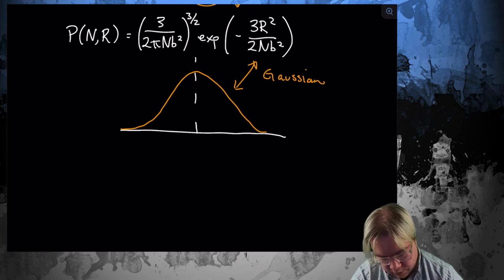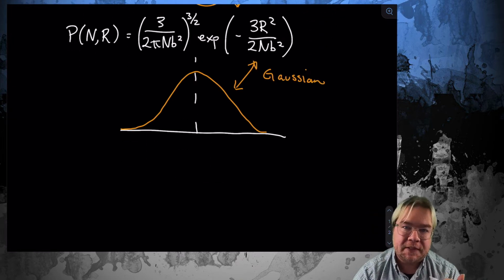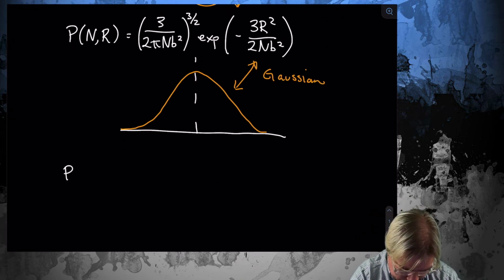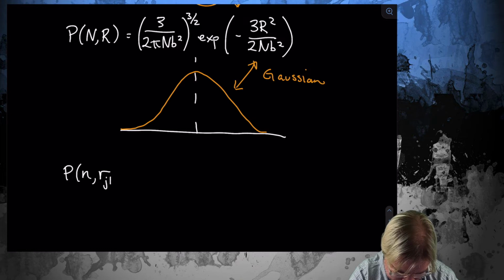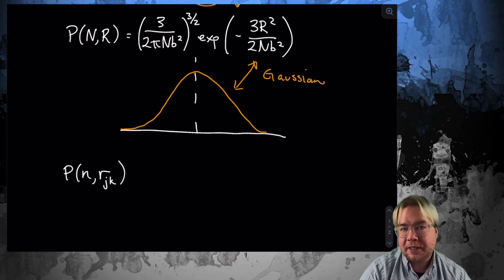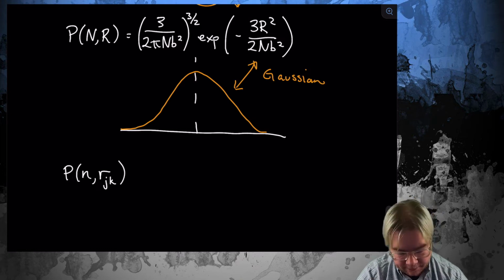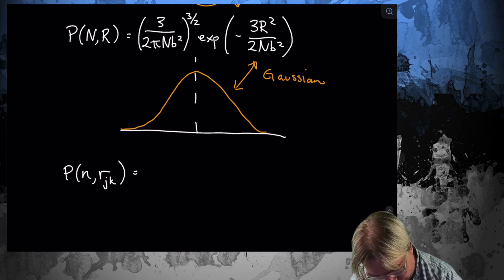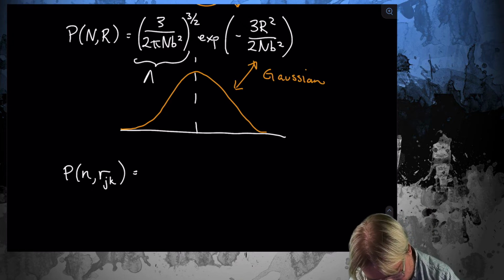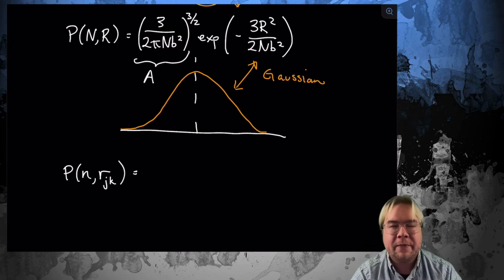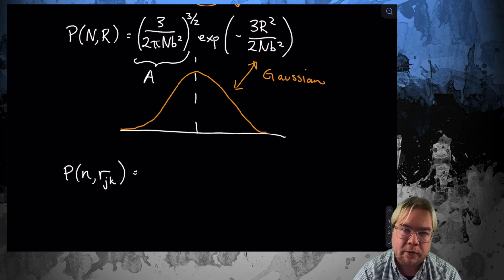Okay. So if a polymer chain is self-similar, then that also means that the probability of having n monomers that are a distance, let's say r_jk apart, and you'll see where that r_jk comes from in a second, would be equal to this thing here. Let me be specific and put in what it would be.